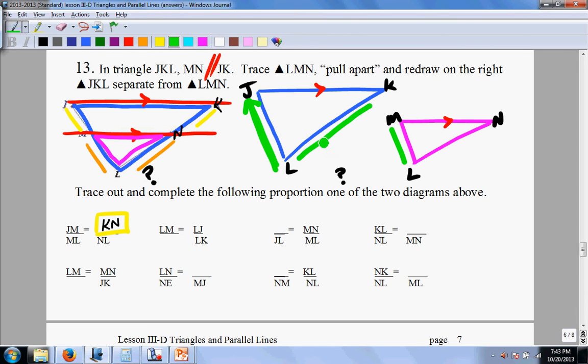LJ over LK is equal to LM over MLN. It matches. So your goal is to attempt to match exactly both the segments and the direction. Keep tracing until you fill all of those out.